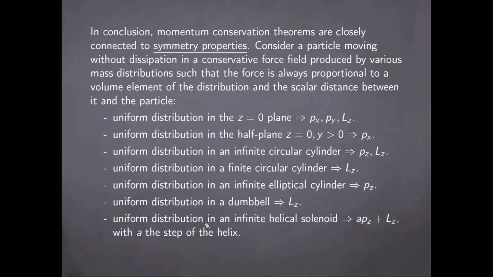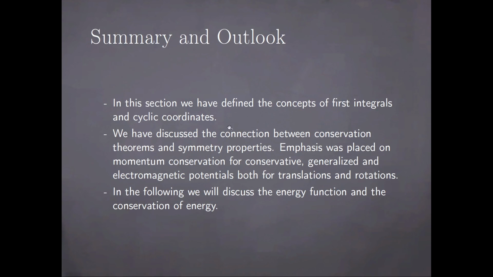And in the case of a uniform distribution in an infinite helical solenoid, then we have a more complex preserved symmetry, which involves both translation along the solenoid symmetry axis and rotation about it, with the parameter a being given by the step of the helix. So anything else would break symmetry.